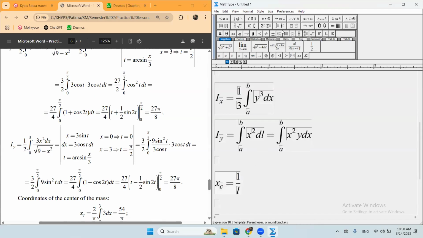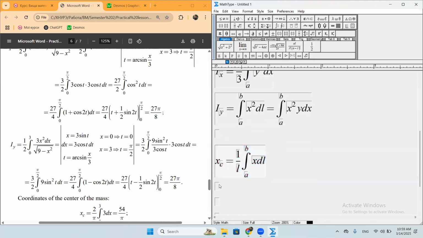So we divide the integral by the length of the curve, so x dl. Like this. And for y, analogically, but we swap y with x.